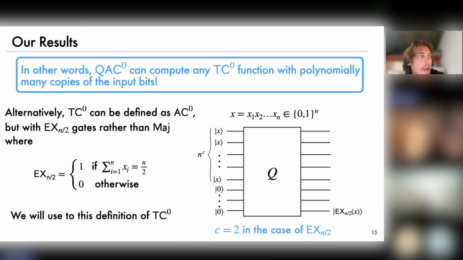But this result applies to any TC0 function, and the constant here is going to depend on the size of the TC0 circuit that computes that function, or the size and the depth, but it will always be a constant. Yeah, makes sense.